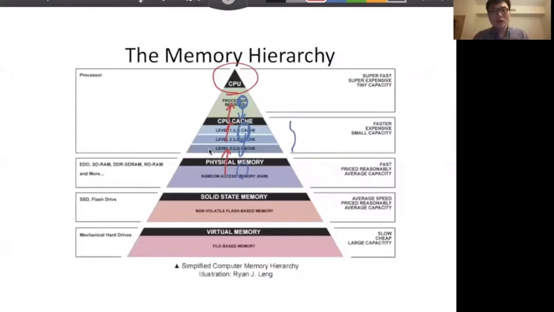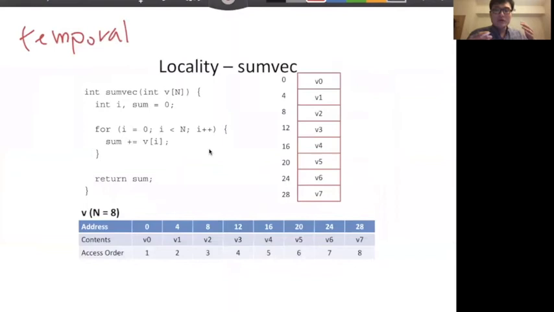So let's look at what locality is here. Actually, when we talk about this concept, there are two categories of locality. The first one is temporal locality. So what's temporal locality? Here is a very simple example, just a for loop: i equals 0, i less than n, i plus plus.